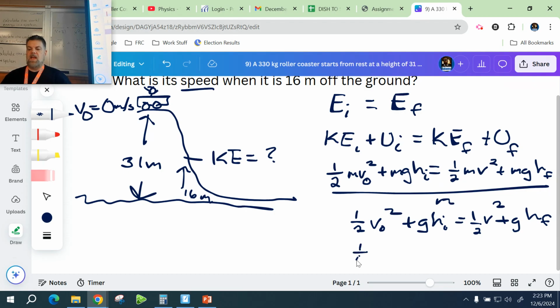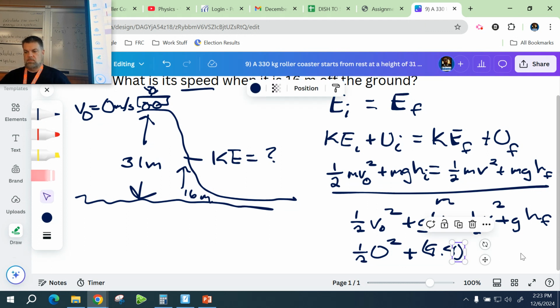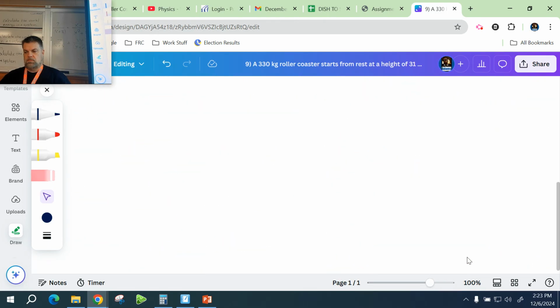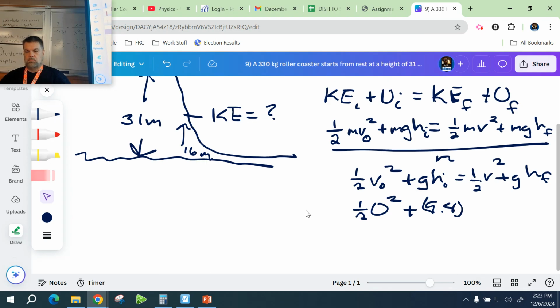So I'm going to have 1/2 times the initial velocity, which is 0, squared, plus 9.8 times the initial height, which is 31 meters, which is equal to 1/2 times the velocity squared.